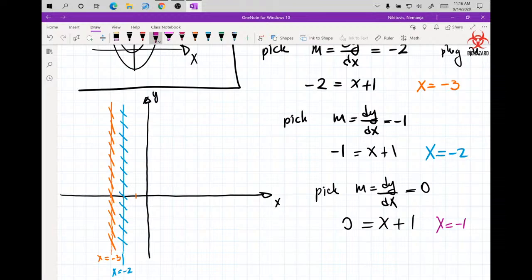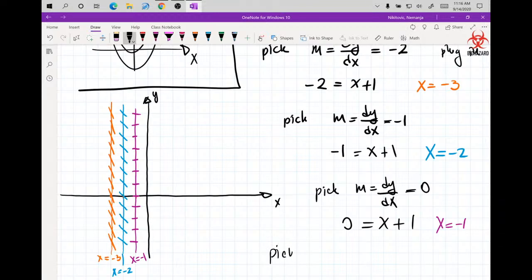So we have a line at negative 1, and the slopes need to be these horizontal little lines. So we'll just have this. And that's our line x equals negative 1 isocline with little tangent slopes on it that are flat.